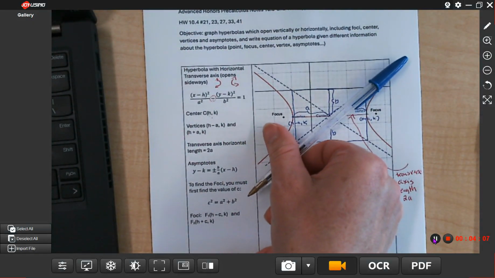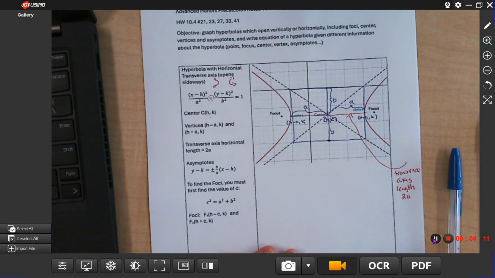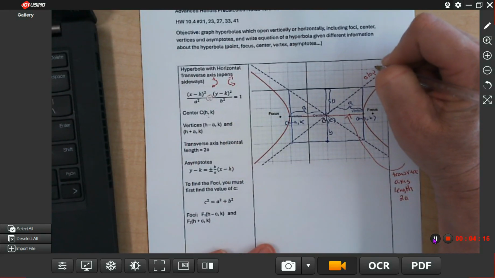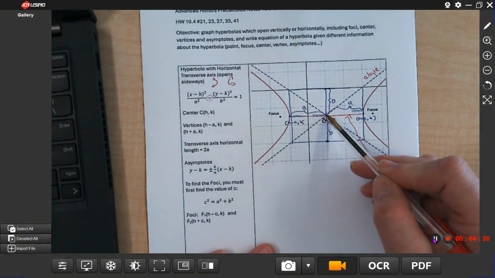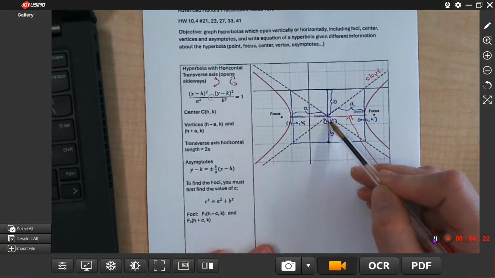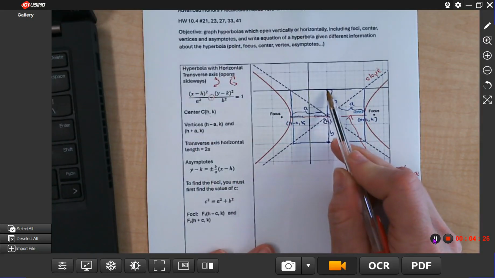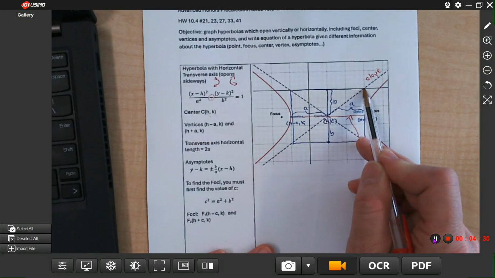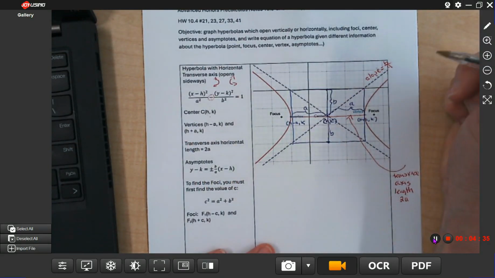So notice the asymptotes go through the corners of that rectangle. So can we figure out what the slope of this asymptote is? Well, it's centered at that point, but what's the slope? If I start at the center, I go up b and right a to get to another point on the line. Therefore, the slope is b over a.